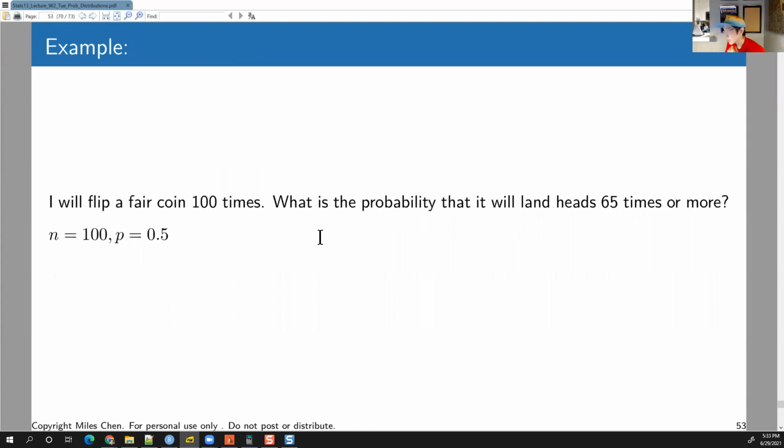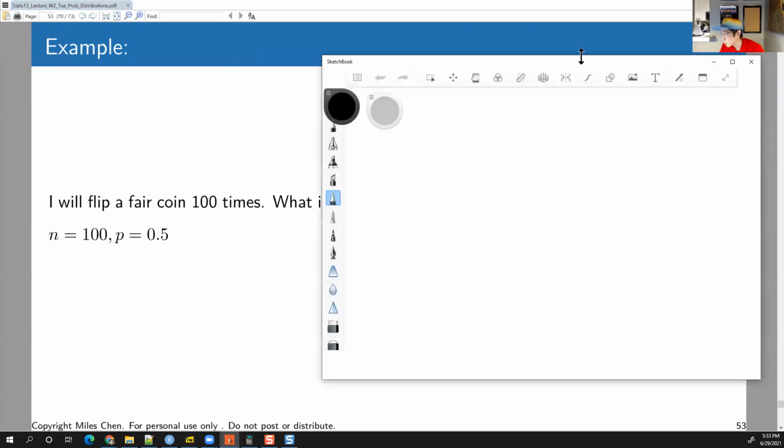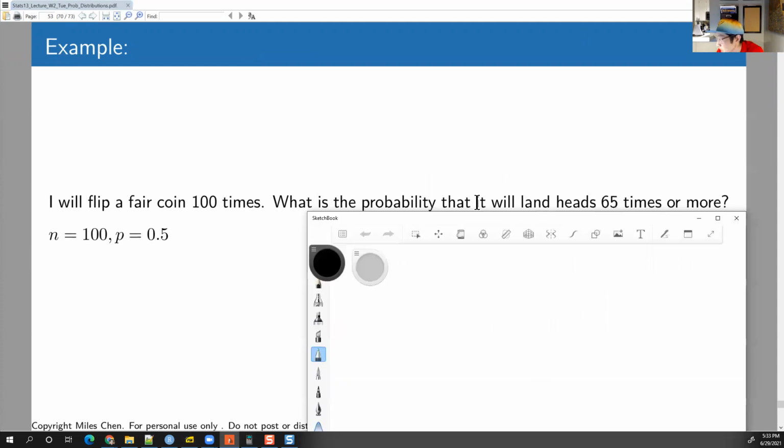Here's a scenario where we would approximate a binomial distribution with a normal distribution. I'm going to flip a fair coin 100 times, and we want to know the probability that the coin lands heads 65 times or more. This is a binomial problem. N is 100, p is equal to 0.5, and here we're asking for X equal to 65 or more.